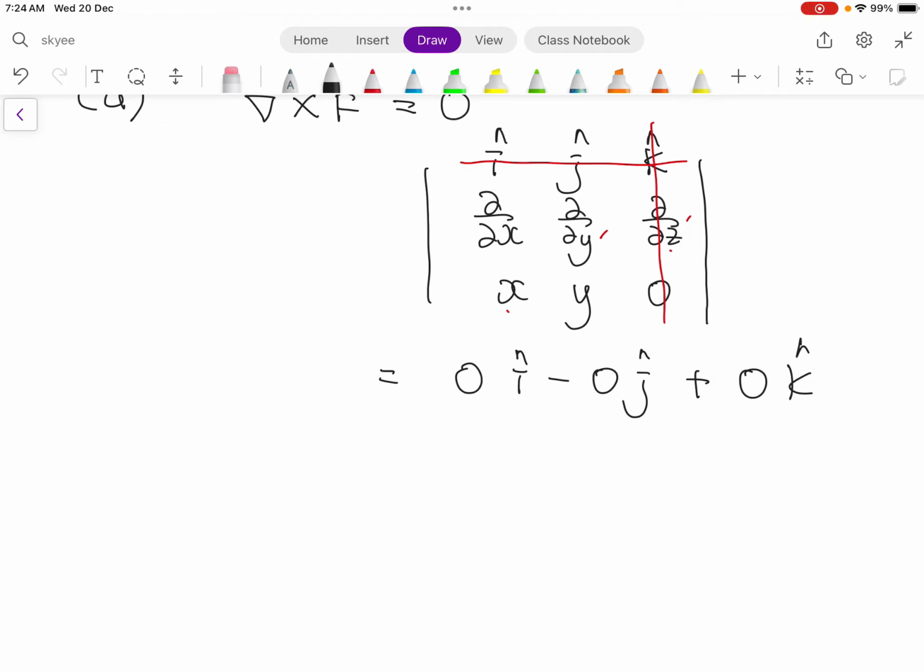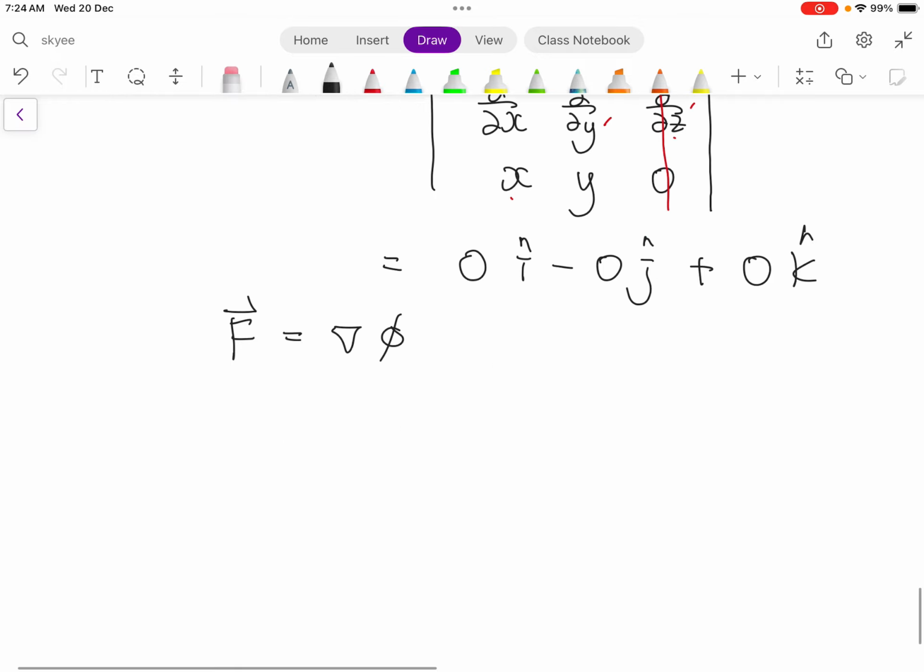Now we try to find the scalar potential function. The relationship between f and the potential function is this. The potential function is this one, right? Do you still remember how to perform the gradient?